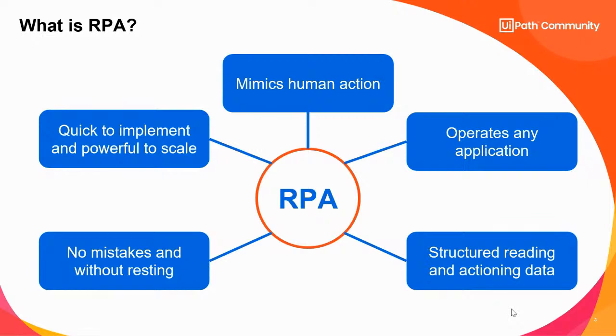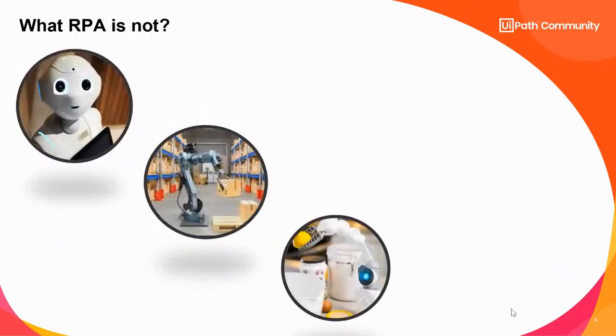A robot does not ask you for holidays, and the chances of error are drastically down when a robot is performing, because it doesn't feel stress, it doesn't think, okay, I did 15 processes, now the 16th one, let me take it for granted. So no such things. These are the advantages that RPA brings to us in an enterprise.